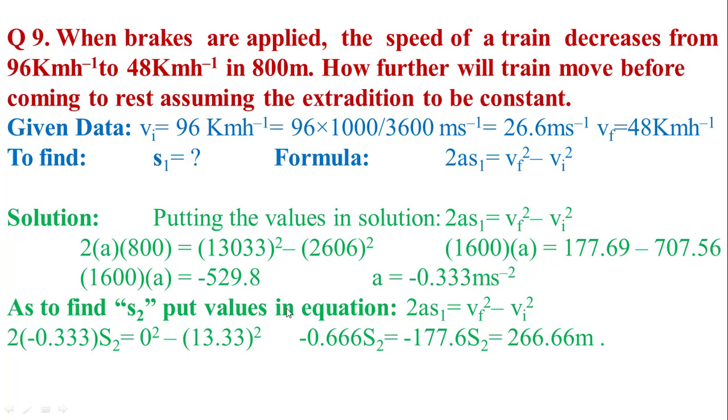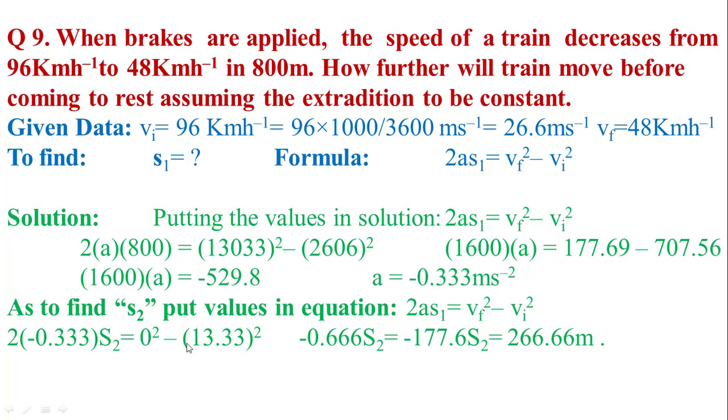Now we find the distance S2. Putting the values in this equation, 2a S is equal to Vf square minus Vi square. Here S1 we write as S2. Putting the value of a, minus 0.33, into it, the final velocity will be 0.